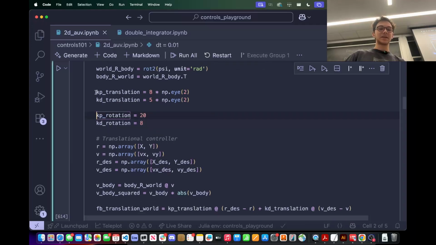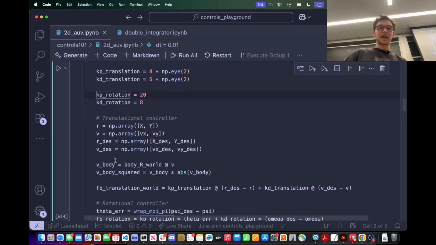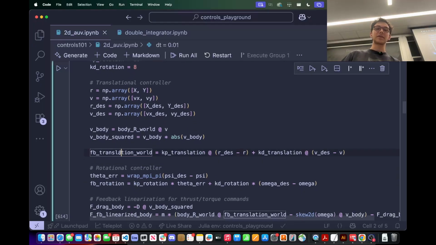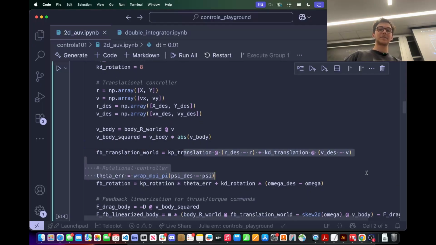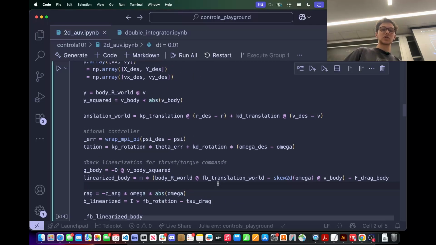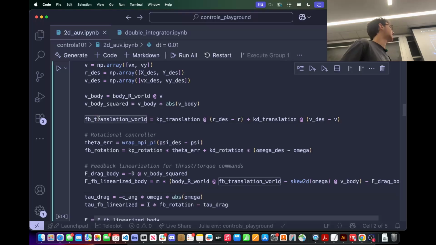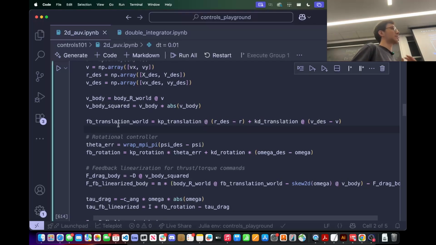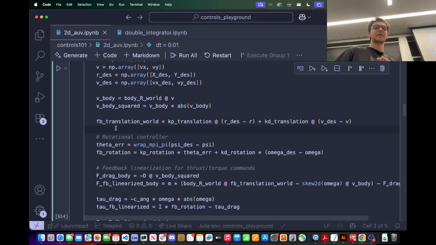And so ultimately, I'm going to compute my errors here, or more importantly, I'm going to compute this feedback force, which is the PD controller, and then I'm going to compute the feedback linearized control force. So we're not applying this. This is what you would naively apply from a PID controller, right? If you have no model knowledge, you would naively apply this feedback force.